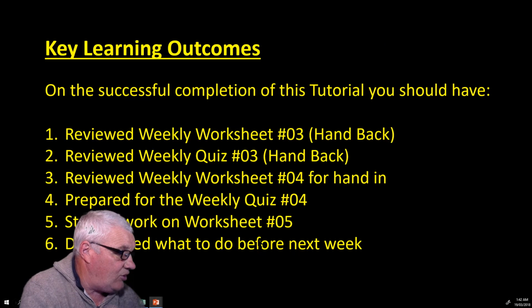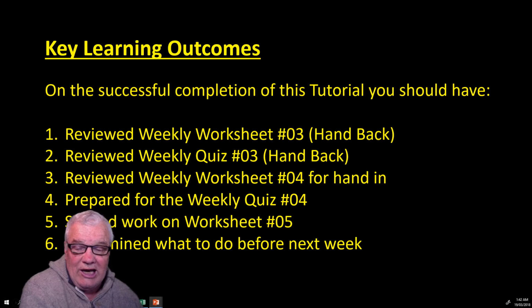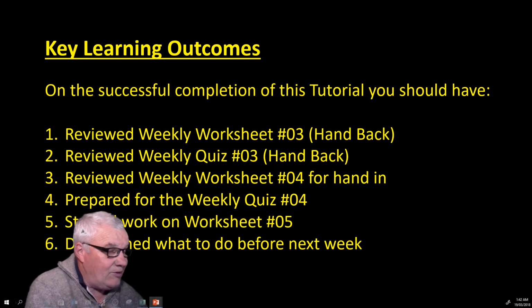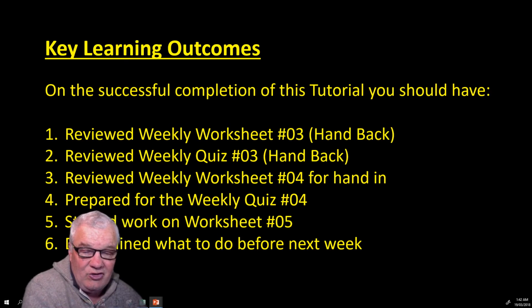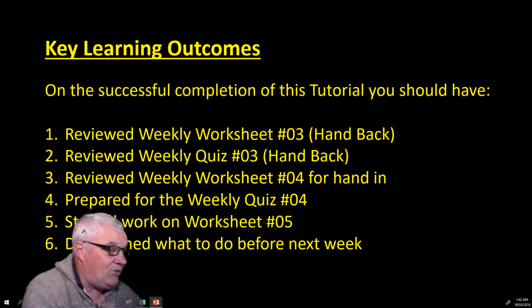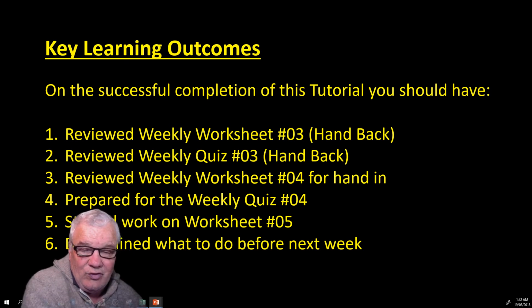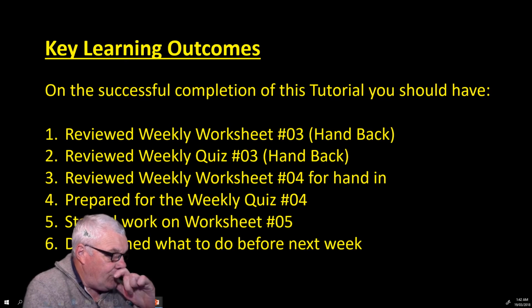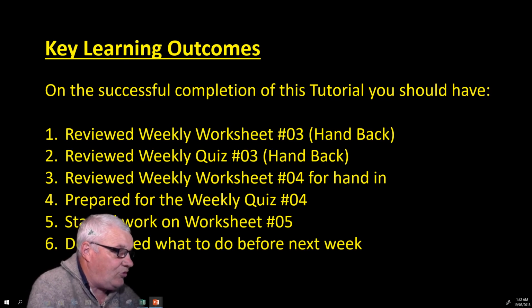So let's just have a quick look through the learning outcomes. Review weekly worksheet 3. If you've got any issues there that you would like to have a look at or discuss that may be useful going forward. And quiz 3, of course, which is related to worksheet 3.